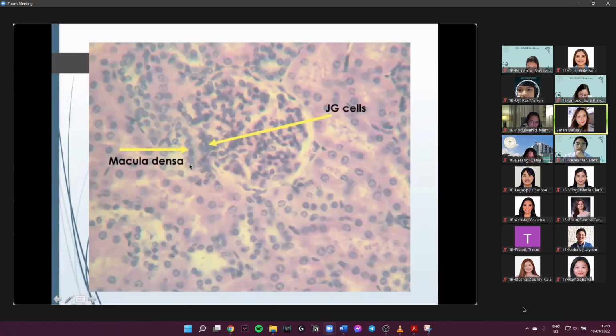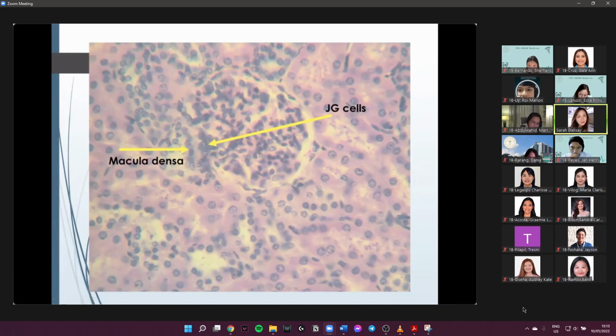How do we describe this? They are usually described as a cell. You remember the cells of the DCT are cuboidal, but here apparently they grow taller, such that they look columnar in shape already. So that would be your macula densa.